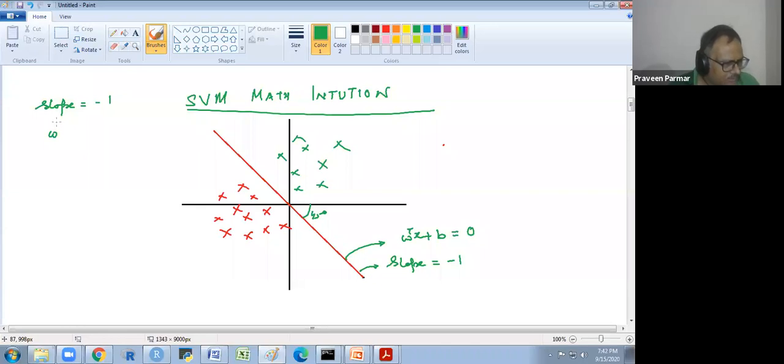And we see now the equation of this line would be y is equal to WTX plus 0. Does that make sense to everyone? The intercept is 0. B is the intercept. In this line, there is no intercept. It is passing through the origin.